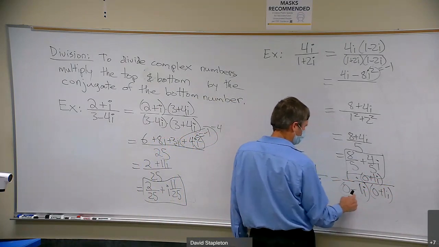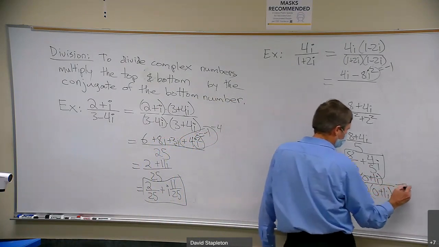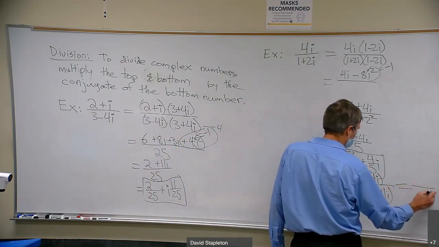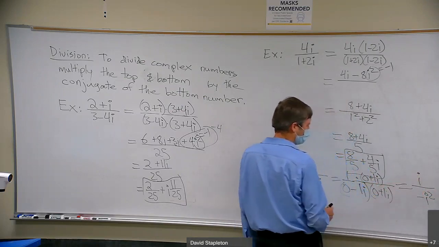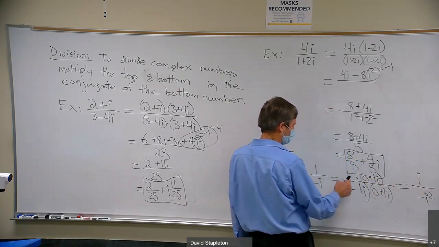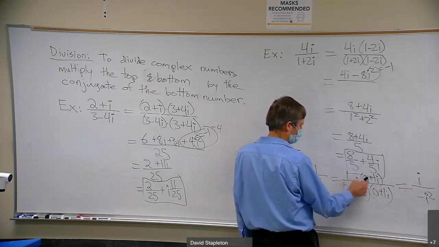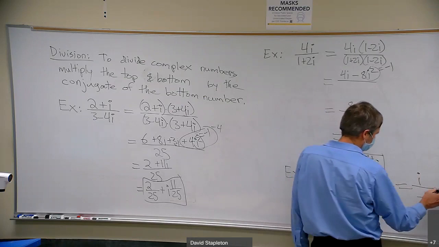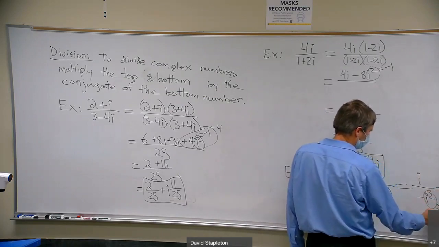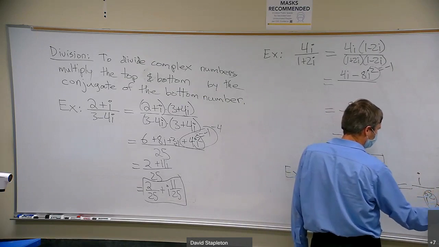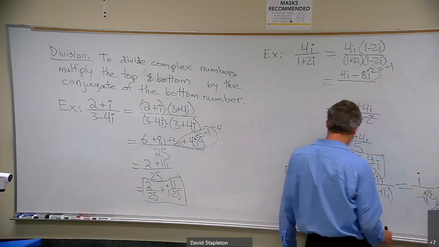On the bottom, what you get is minus i times i, minus i squared. And on the top, what you get is i. But i squared is negative 1, so minus i squared is 1. So it's just i over 1, which is i.